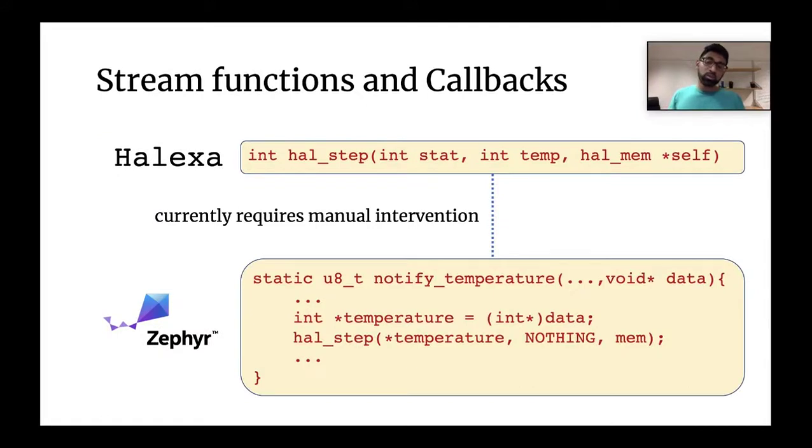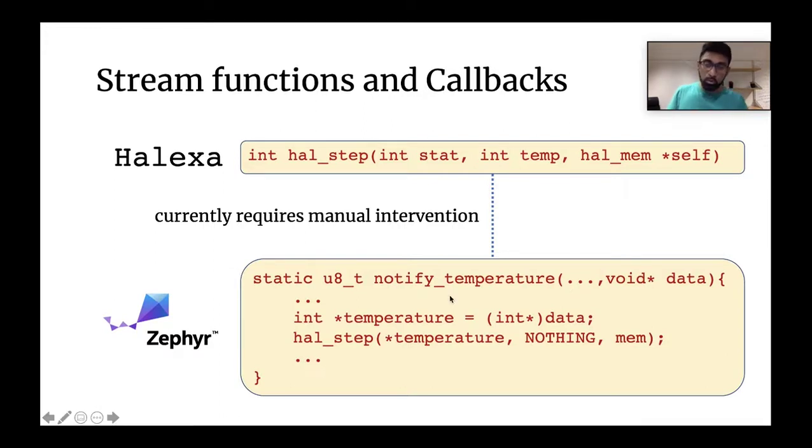Okay, so the linking of the code generated by Haski with the Zephyr API currently requires manual intervention. What I mean by that is the step function generated by the Haski compiler needs to be registered as a callback for when the inputs for the function are available.